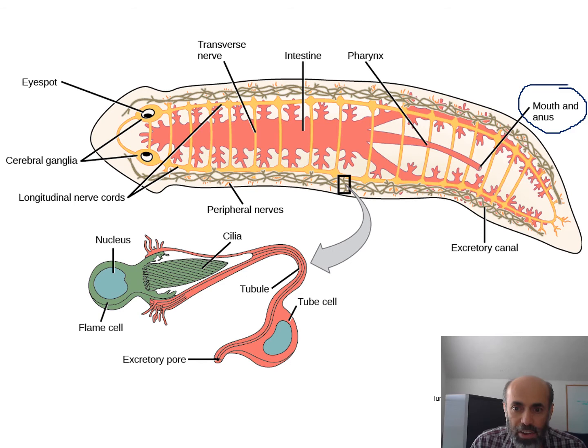And then after the pharynx is their intestine, where all the absorption takes place. And then it also shows their nervous system with the peripheral nerves. Ganglia are concentrated in the cephalized part of their body, which is in the anterior of the body. And then other structures are not shown here.